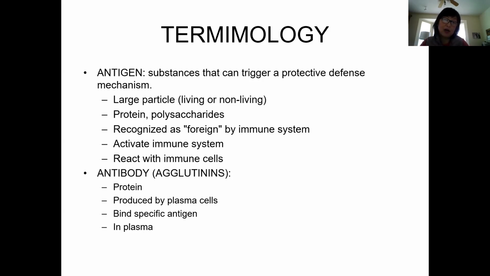Plasma cells are the derivatives from B lymphocytes. If you remember, one white blood cell is called B lymphocytes. When B lymphocytes mature and differentiate, they can become plasma cells.